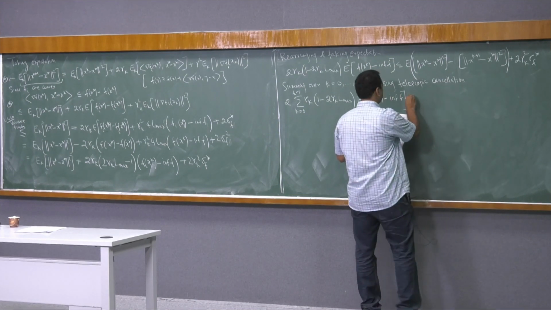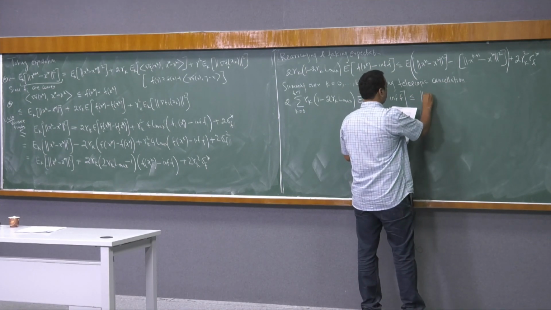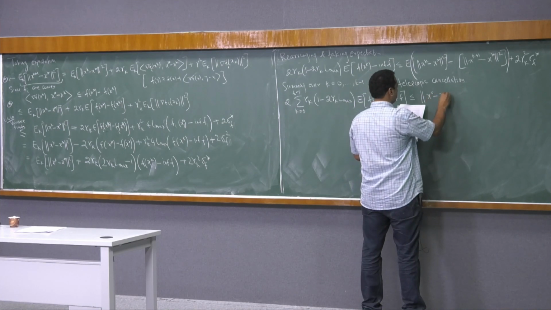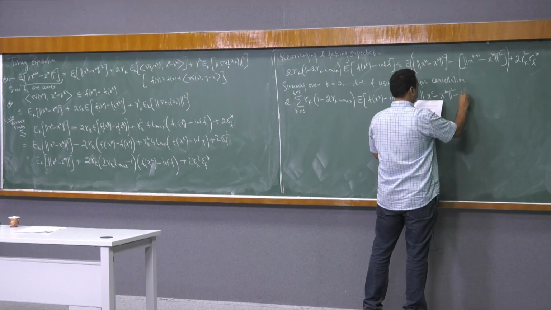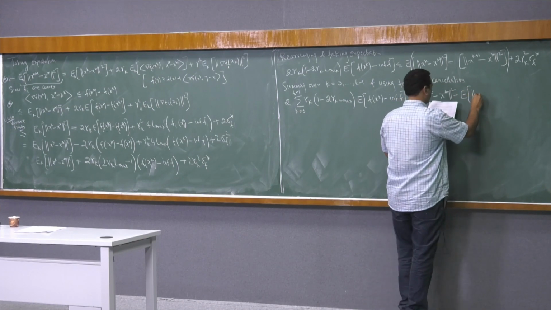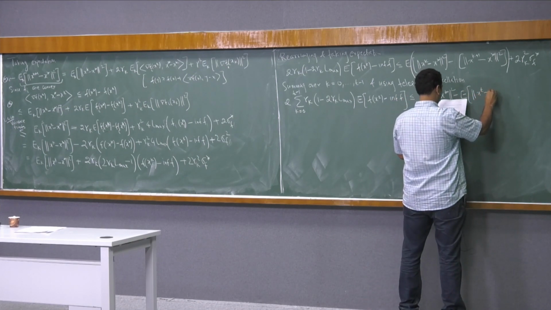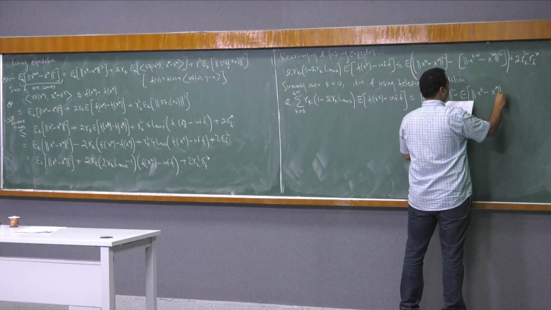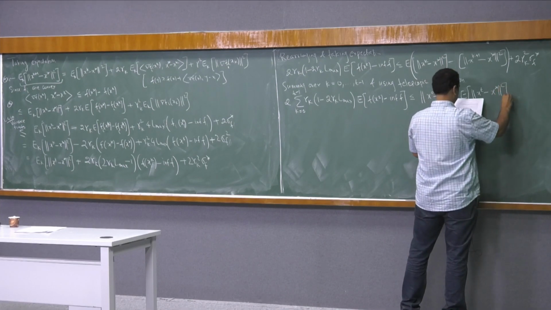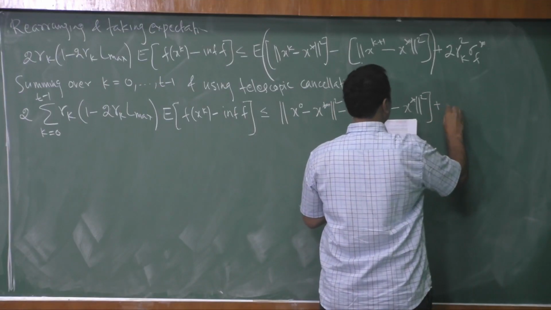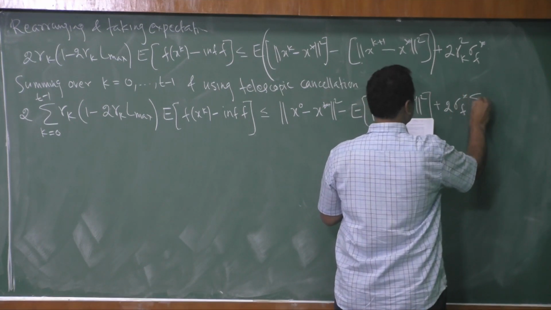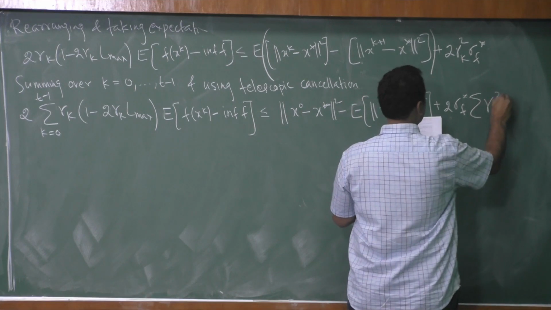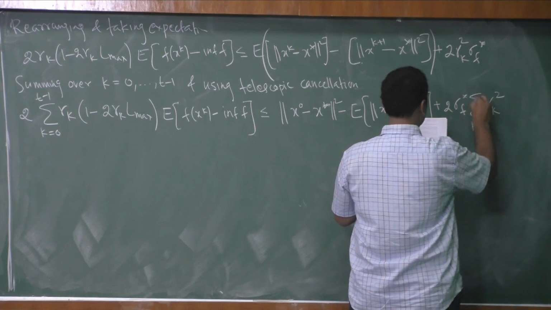So this is less than or equal to norm of x0 minus x star whole squared, minus expectation of norm of xt minus x star whole squared, plus 2 sigma f star times the sum of gamma k square, k equals 1 to t minus 1.